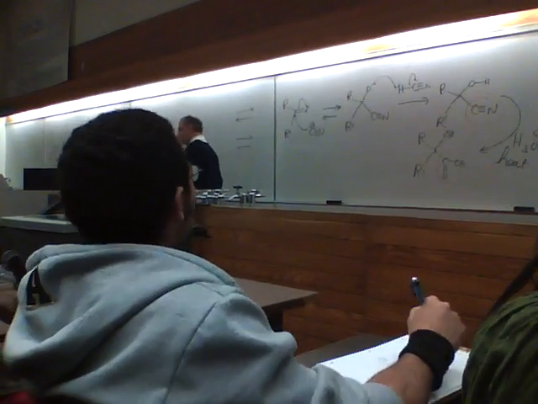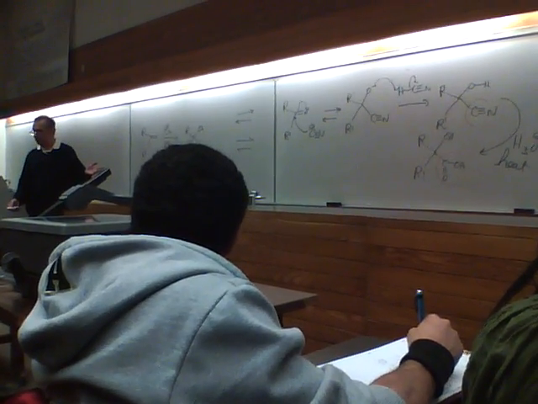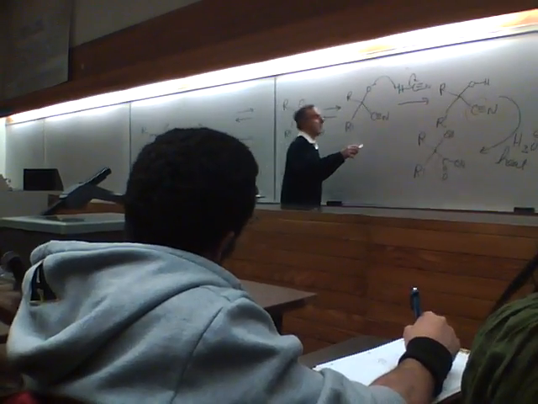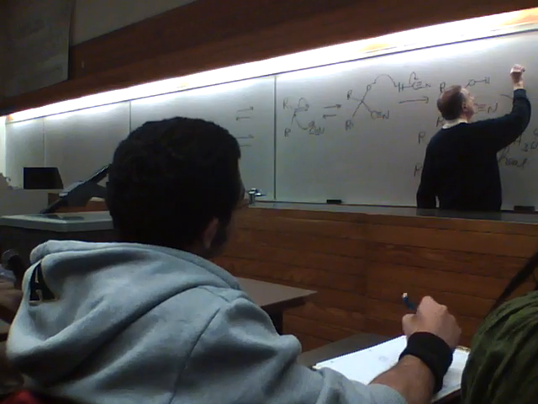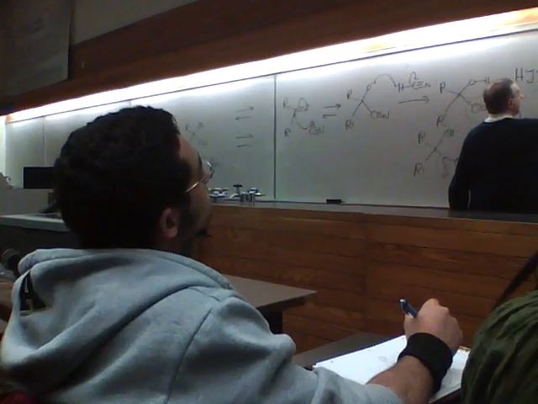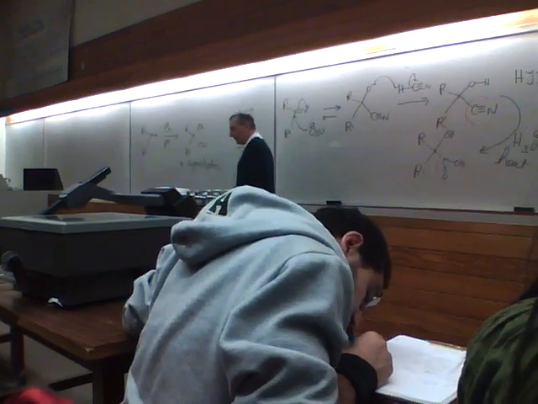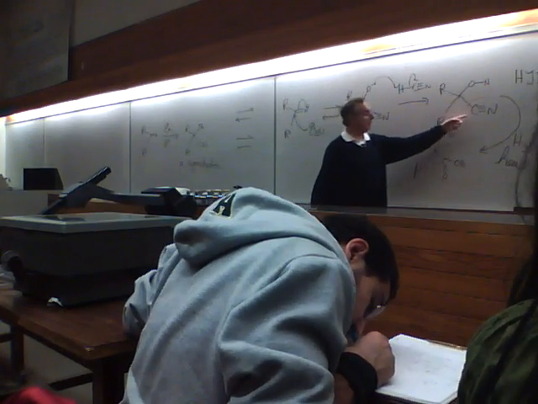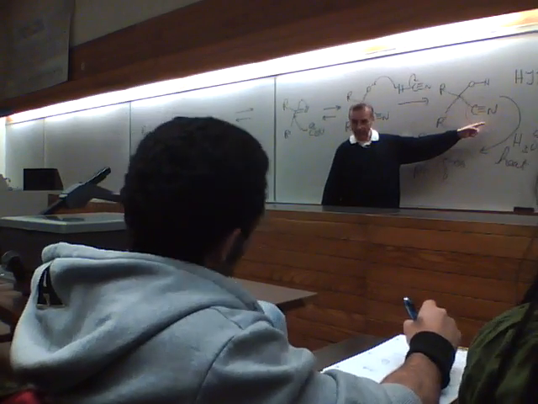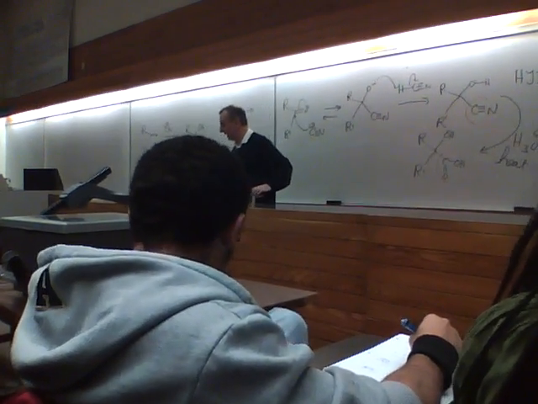Now later on, I'm not going to do it today, but later on I will write the mechanism of what's going on. It's a process called hydrolysis. Let me write that down. Hydrolysis. And you can see that the oxidation level of the carbon here is the same as here. This carbon is attached by 3 bonds to an electronegative atom, so it's the same as being attached by 3 bonds to 3 electronegative atoms.